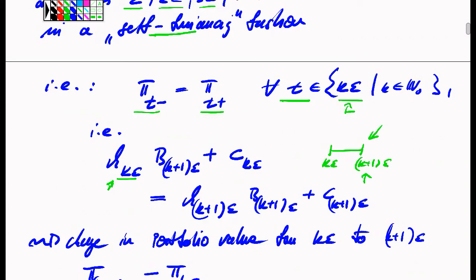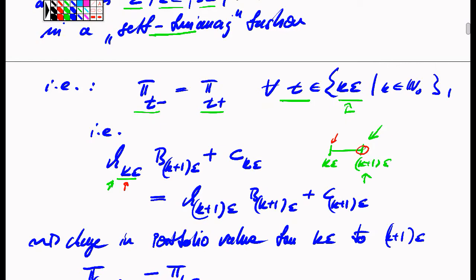Okay, so what's the total wealth that this investor has at this moment of time before he readjusts his portfolio? He made a certain investment decision at the beginning of this interval, where he managed to buy exactly this amount of stock.